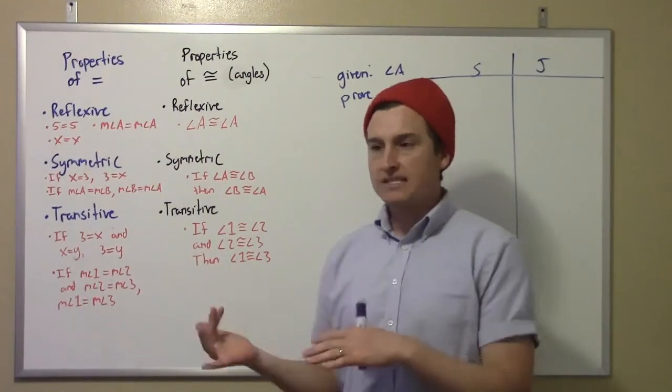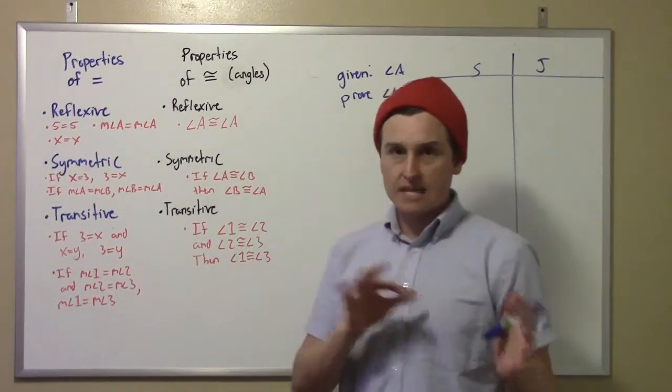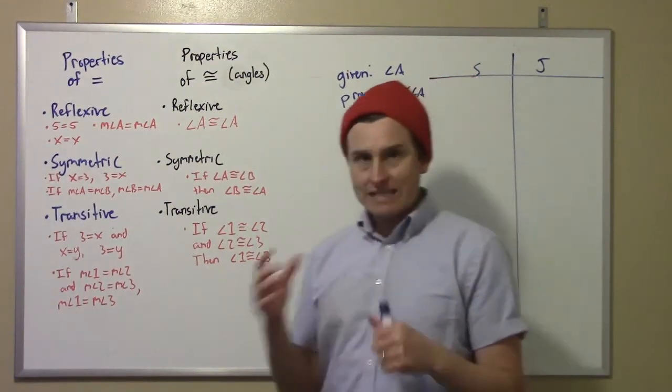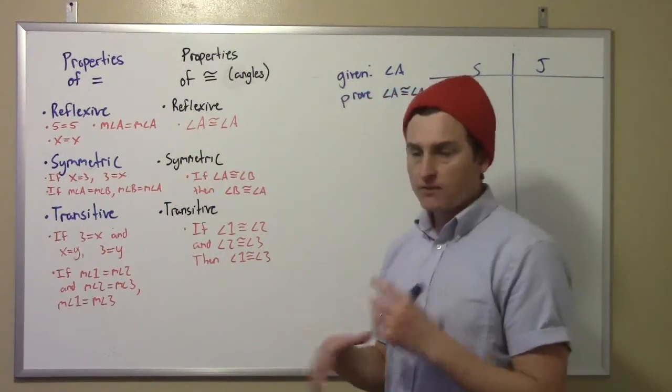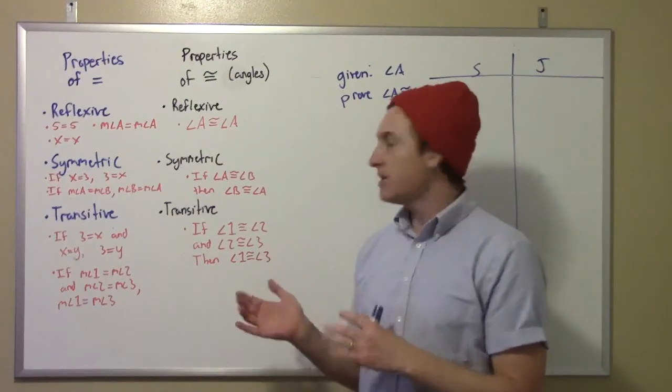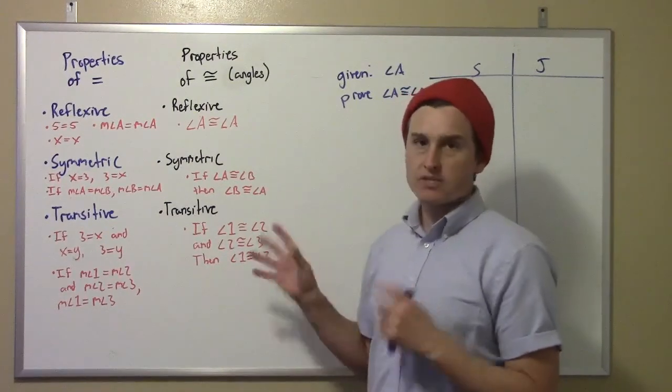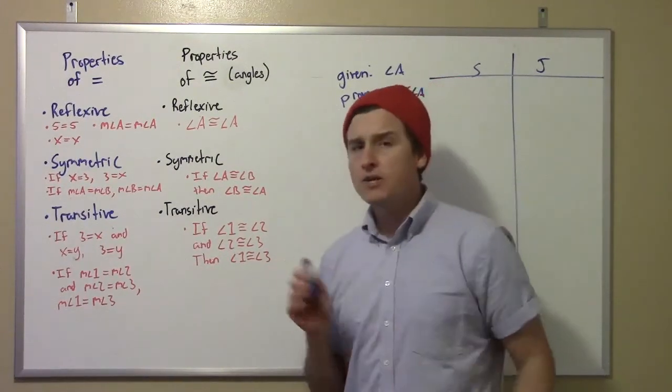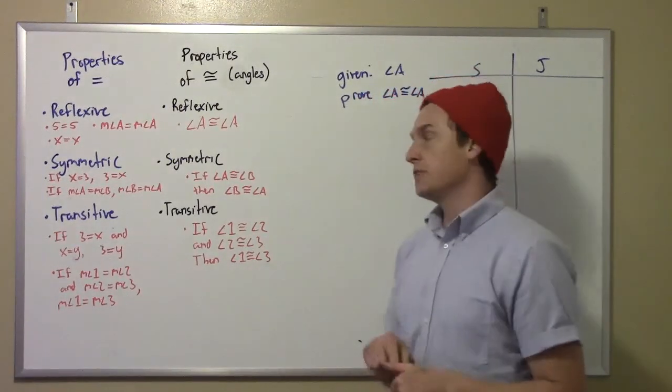You just have to translate them to angle measurements instead of segments. So the reasoning, the logic behind that is the same. You don't have to come up with that on your own. You're just going to copy over from what we did earlier and put it in angle language instead of segment language. But I will get you started and go through one of these proofs with you.